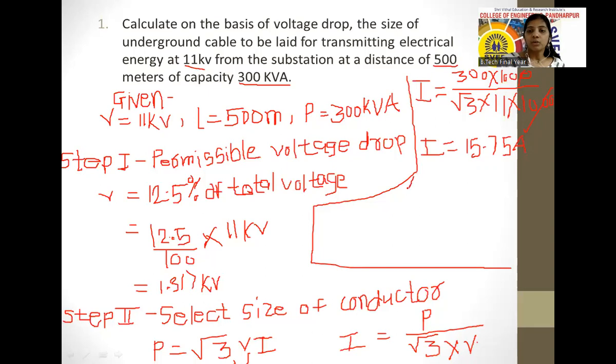So allowing 20% overload, how much current will come here?